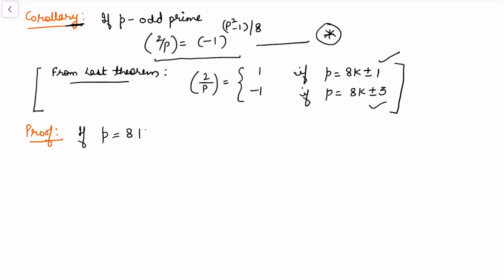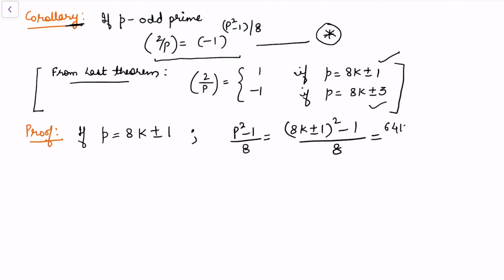I'm taking the first case, when p is of the ±1 form. In this case, what will be the power? The power given is (p²-1)/8. This value is prime and can take these two forms, so I'm substituting both values here to understand the final form. This will give me 64k² ± 16k. The 1 is going to cancel out because here it will give me plus 1 and there is already a minus 1 here.